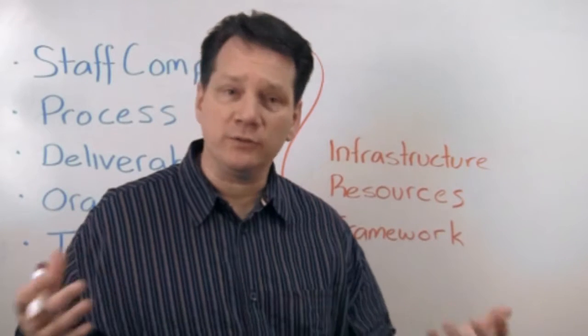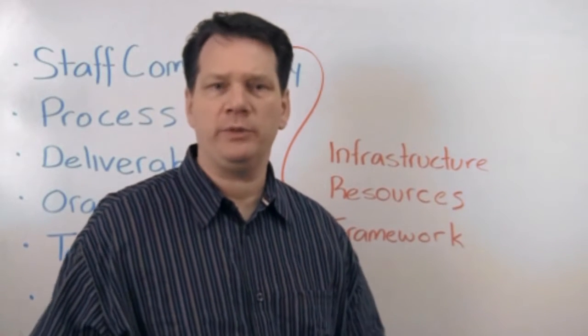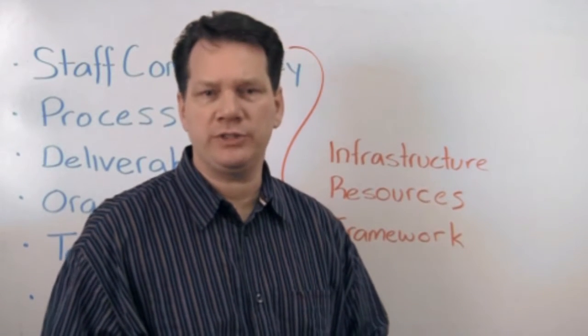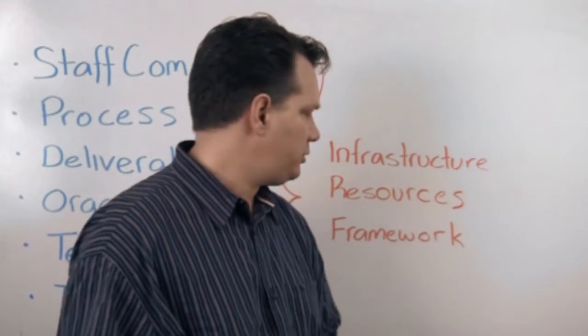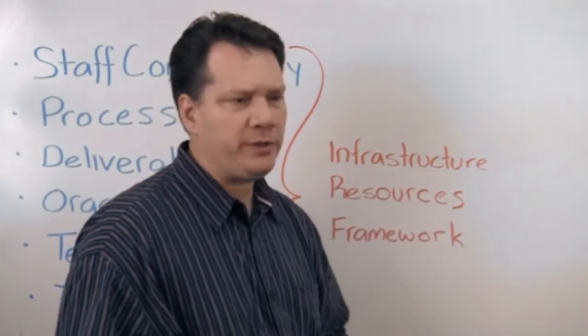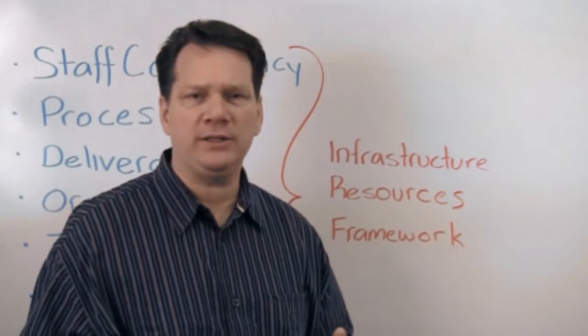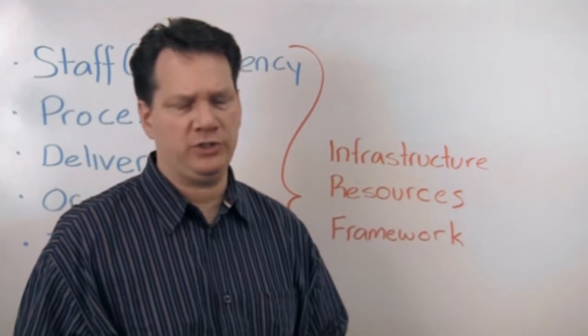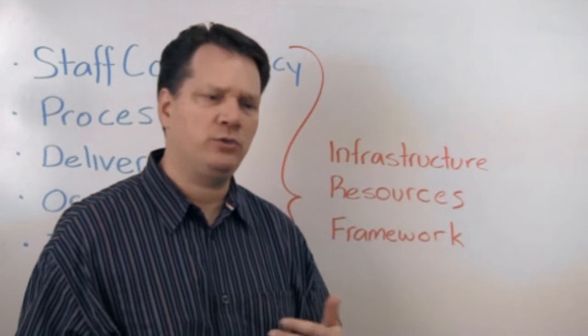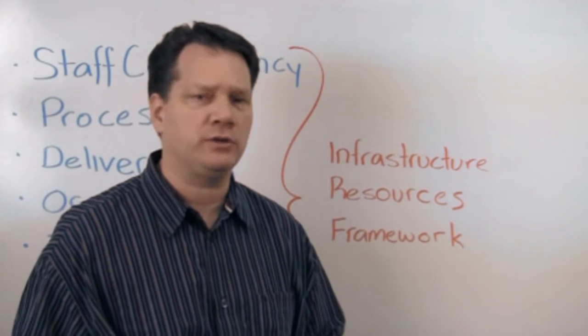There are different ways of doing it, obviously. Every RCOE is going to be a little bit different, but it's something you need to contemplate when you're setting one up: how is that going to work? The infrastructure is basically describing the services and the communication of those services. What are analysts expected to do for the organization, how are they going to do these things, and through what mechanism are they going to be provided to the organization?